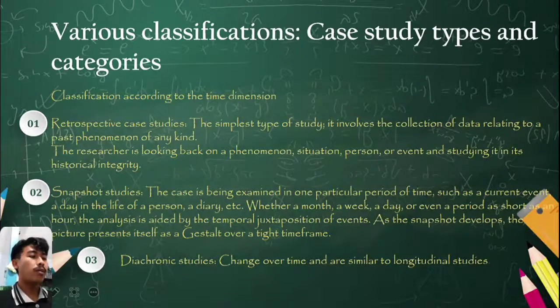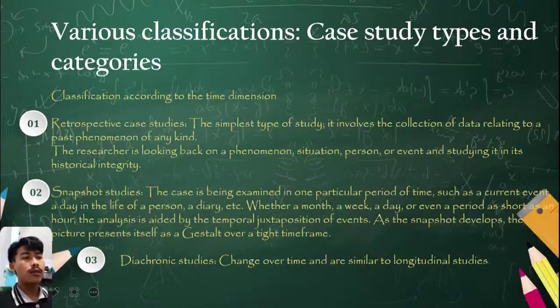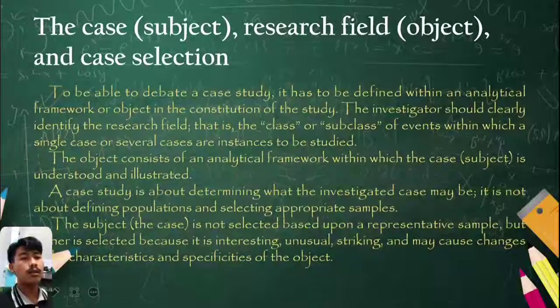As the snapshot develops, the picture presents itself as a gestalt over a time frame. Number 3, diachronic studies, which examine change over time and are similar to longitudinal studies.